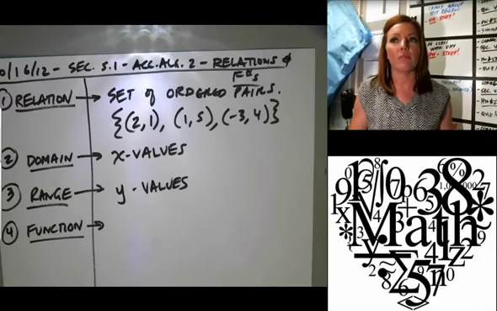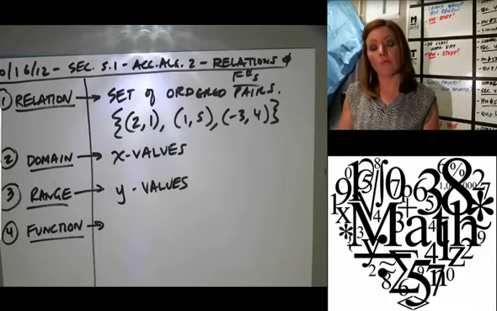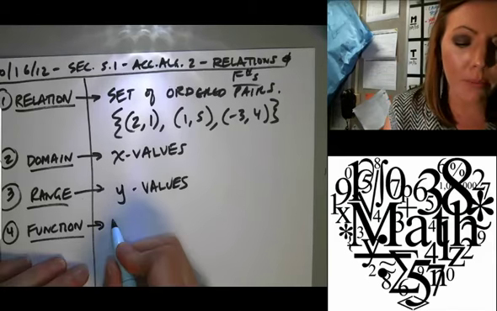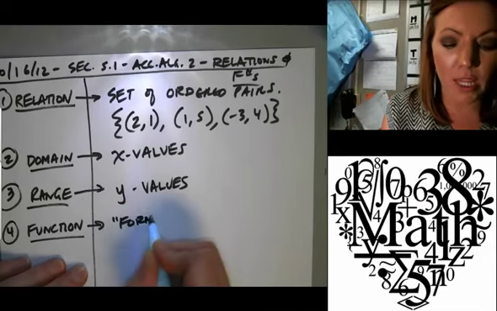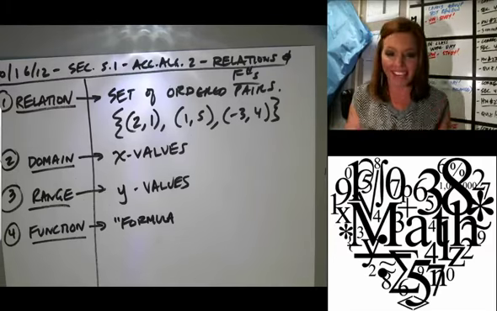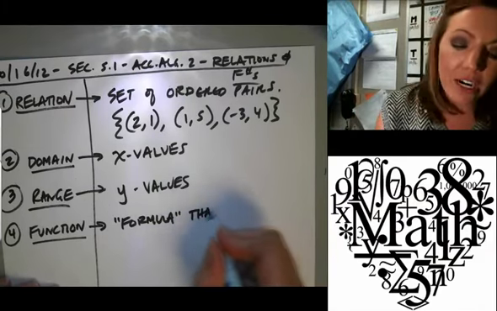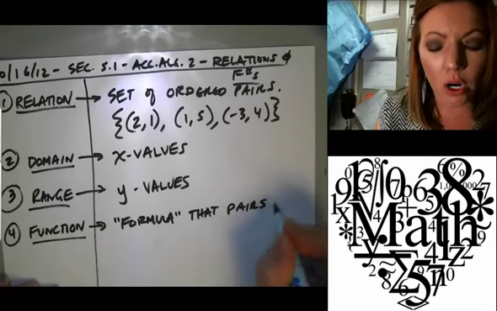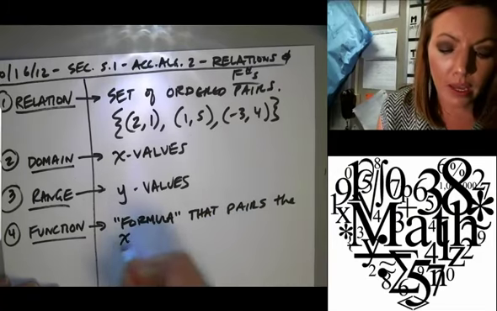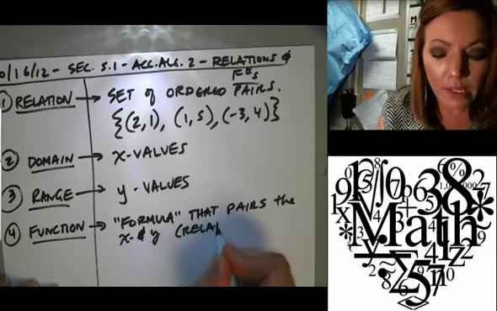It's the formula that puts out the x and y values, right? You can plug numbers into. Okay. So it's, I'm going to put that in quotations, a formula. Everybody give it up for Matson Bose, Maxie, and Unger. Yay! Formula that pairs the x and the y, or another way of saying it, it relates the x to the y.